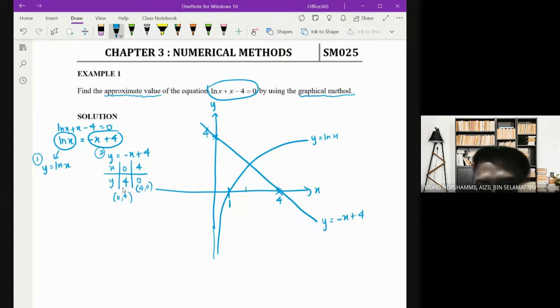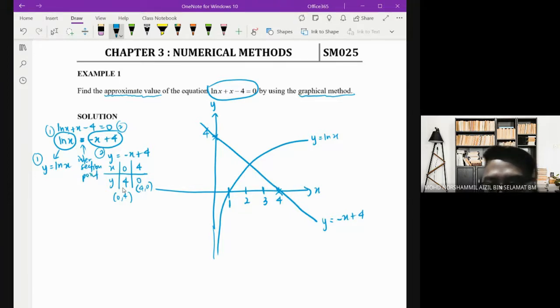Alright guys, so somewhere here is 2. Somewhere here is 3. Okay, right? Alright guys, since these two graphs, graph 1 and graph 2, from function 1 and function 2, they have the same value here, right? Same here means it's the intersection point.